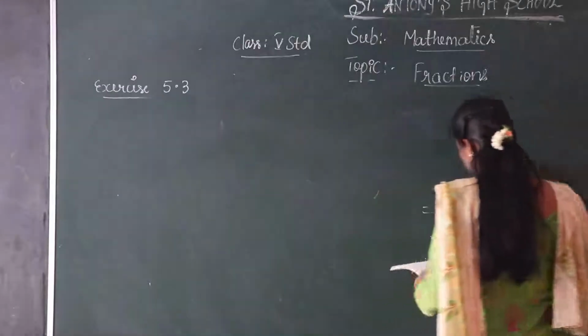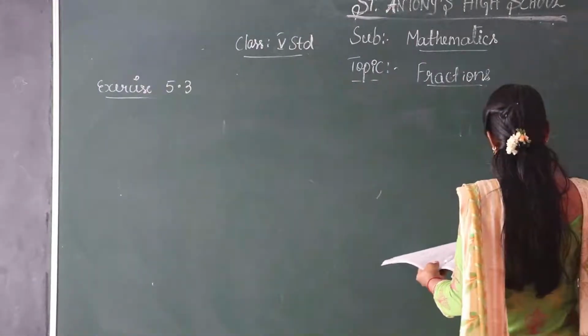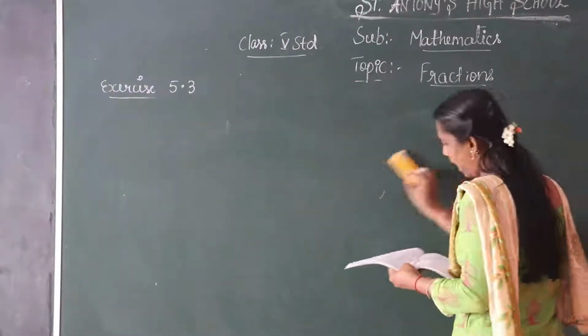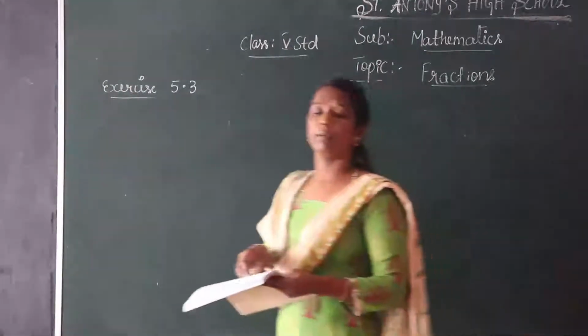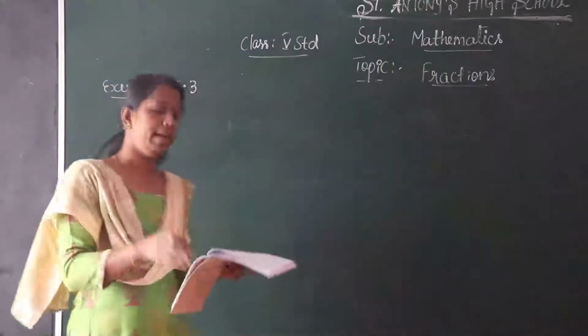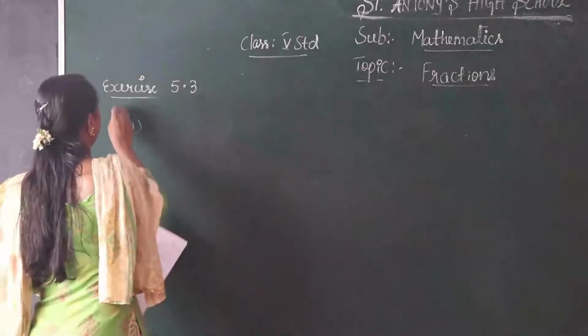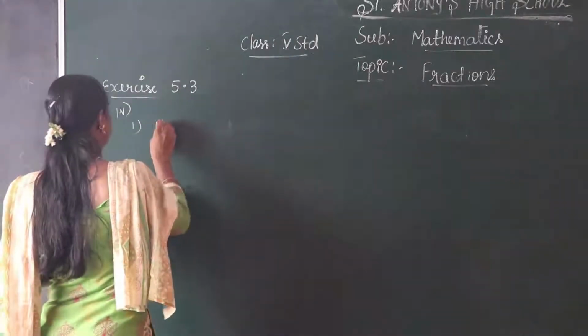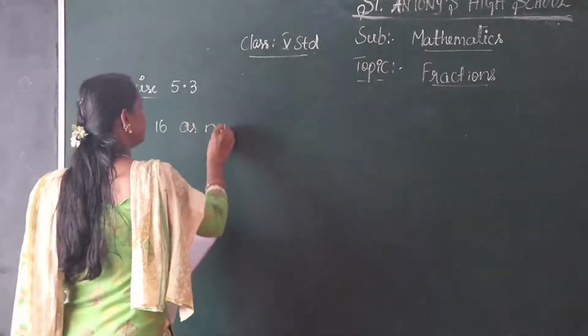Find an equivalent fraction of 4 by 7. So we have to do the sum, meaning equivalent to 4 by 7. But here they are given only 16 as a numerator.